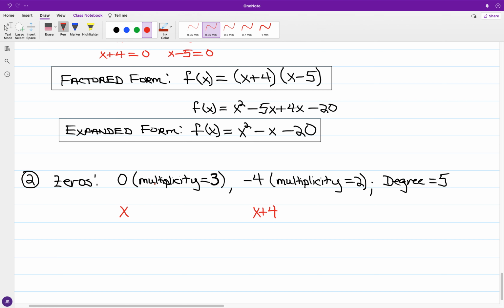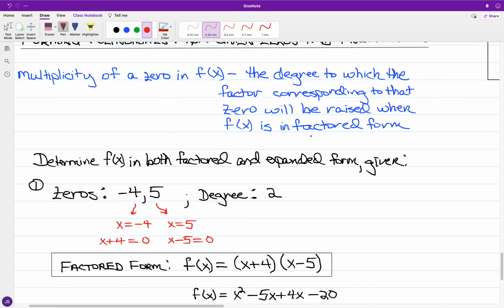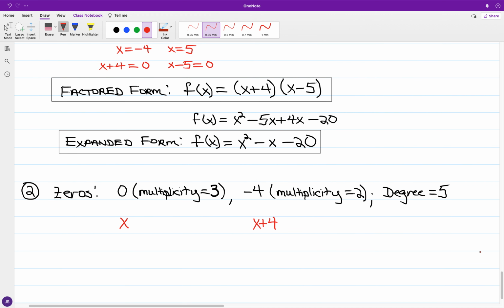If x plus 4 is equal to 0, we have x equal to negative 4. Now for multiplicity, by definition, this is the degree to which the factor corresponding to that zero will be raised when the function is expressed in factored form.